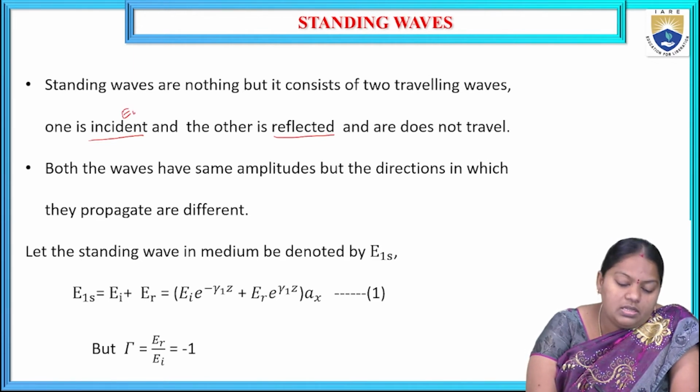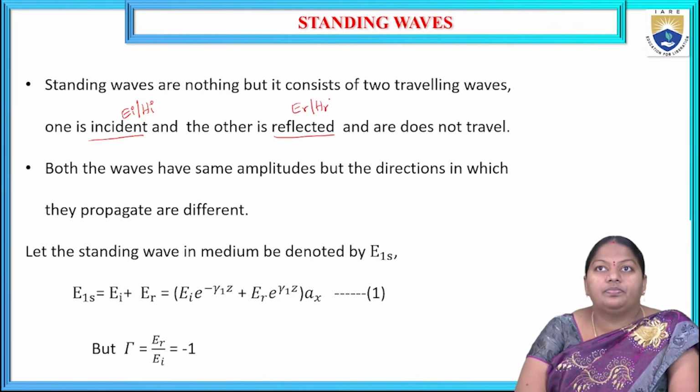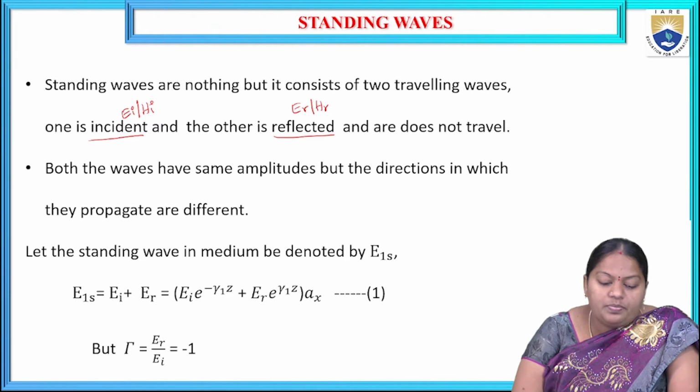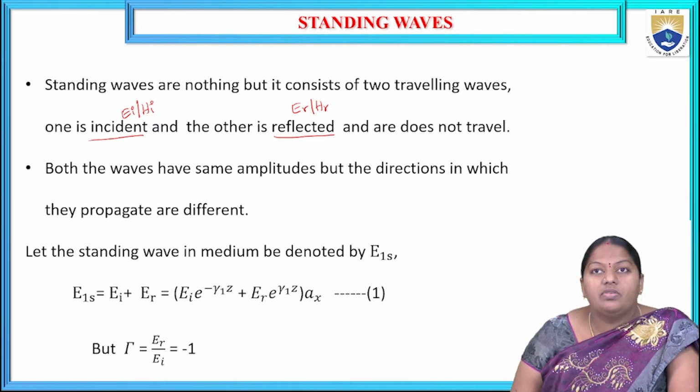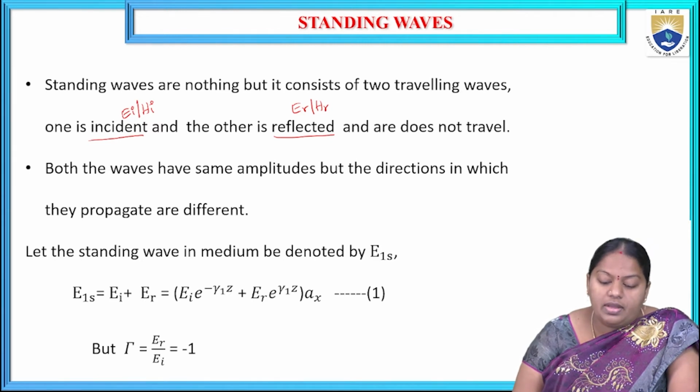Incident wave field strength is given by EI or HI. Reflected is given by ER or HR. Okay. So standing waves consist of two traveling waves, one is the incident wave and the other is the reflected wave, and those do not travel.